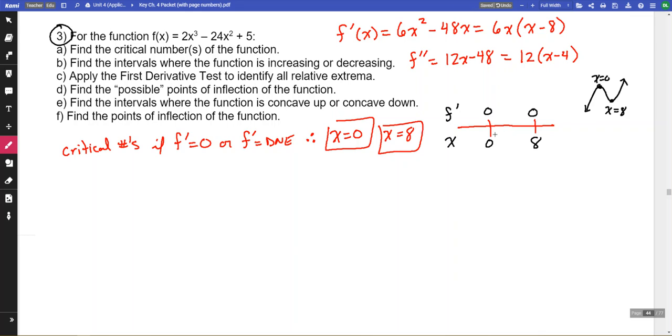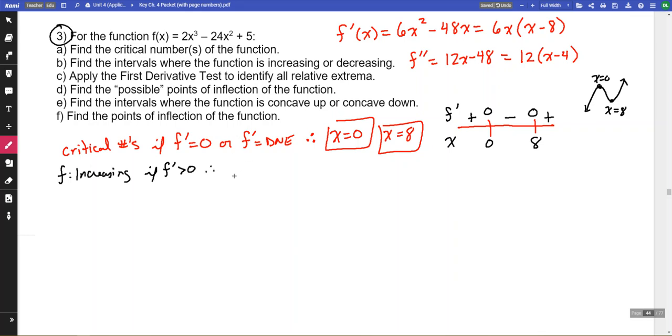So let's say that x was negative. If x was negative, 6 times x would be negative, and x minus 8 would be negative, so I'd be positive, which makes sense. f of x is increasing, then decreasing, then increasing, which tells me that f is increasing if f prime is greater than 0.